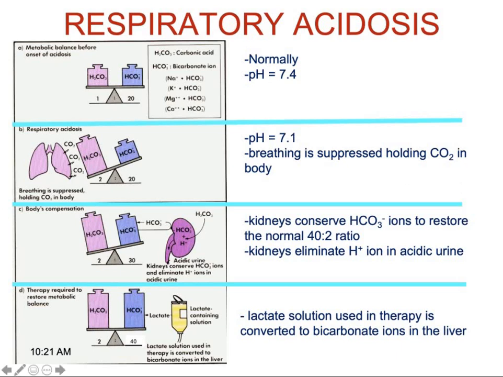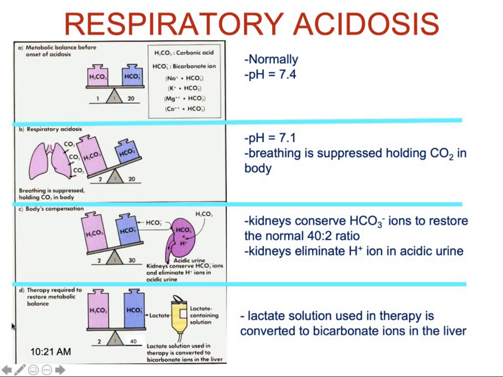So once there is respiratory acidosis, what will be the body's compensatory response? The kidneys will try to conserve bicarbonate ions to restore the normal ratio. So the kidneys will try to eliminate hydrogen ions in the form of acidic urine.